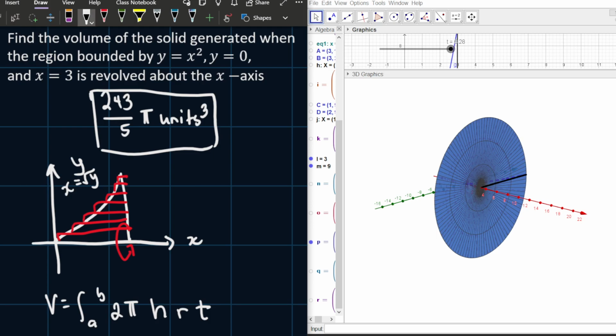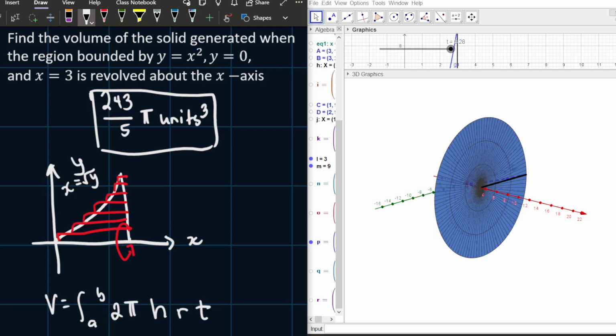Now, yung height ng bawat cylindrical shell, take note na yung height ng cylindrical shell natin would pertain to this part here. Itong part na to. Ito yung height ng each cylindrical shell.